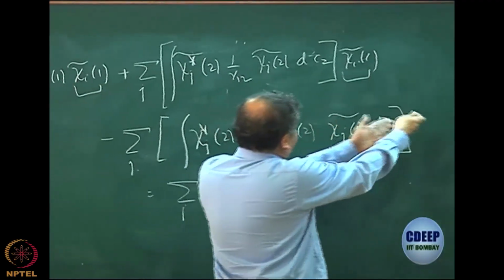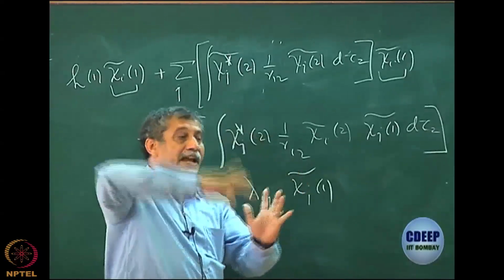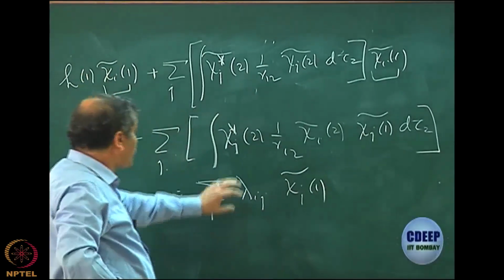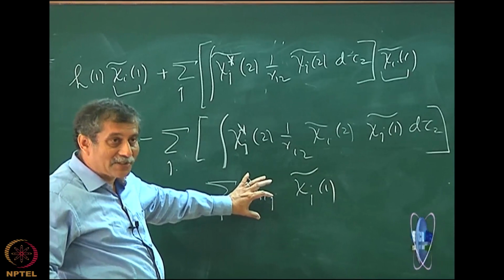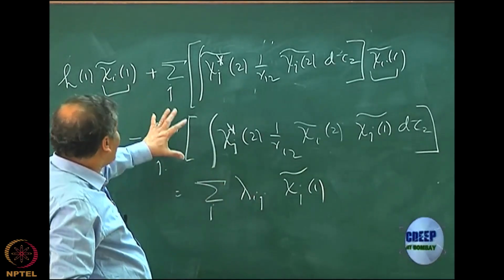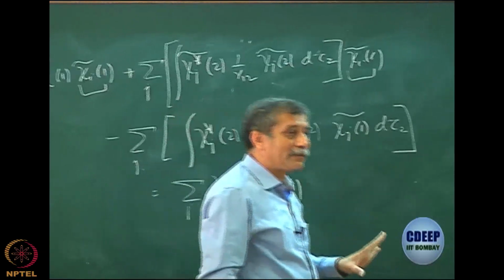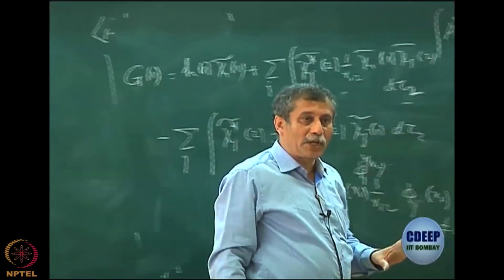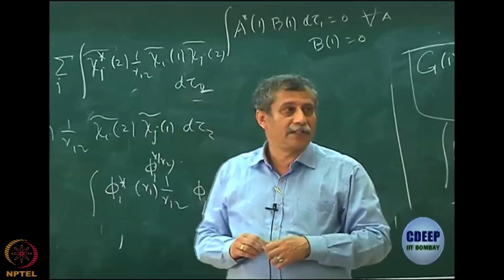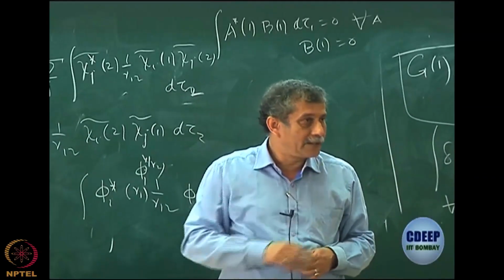But here I am not able to extract chi I tilde 1, so I can't write something acting on chi I tilde 1. Assume this was diagonal. I am still not able to write something acting on chi I tilde 1 equal to some number times chi I tilde 1, because of this exchange term, and that was his question. Right? Am I right? Okay.